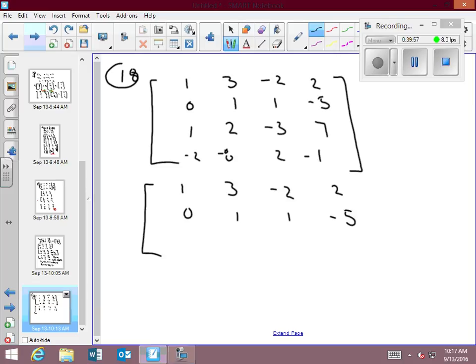So I'm going to take minus 1 times the first and add it to the third. And then we'll take 2 times the first, add it to the fourth.